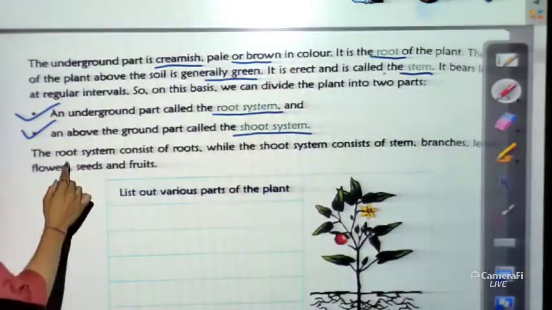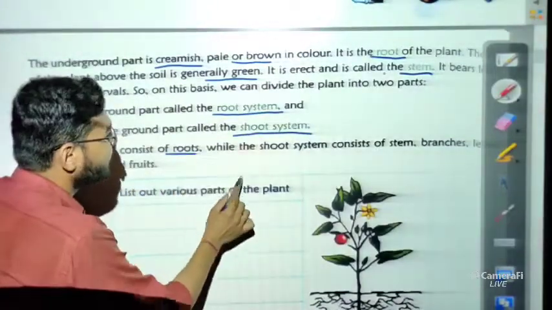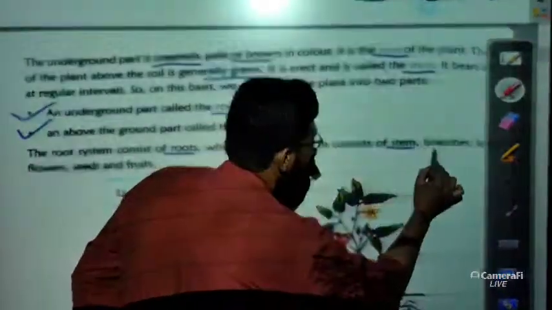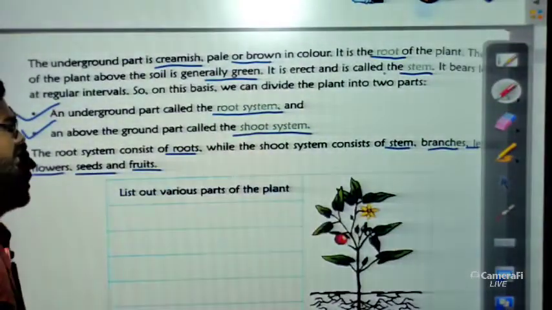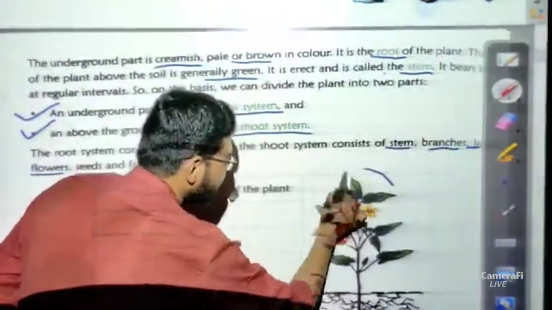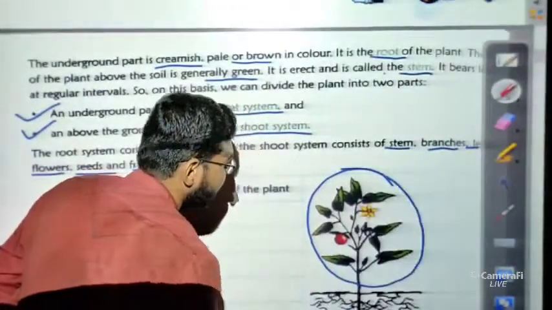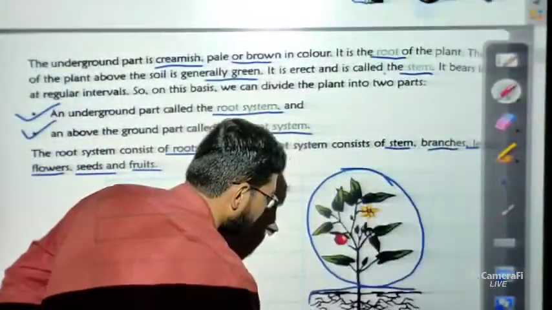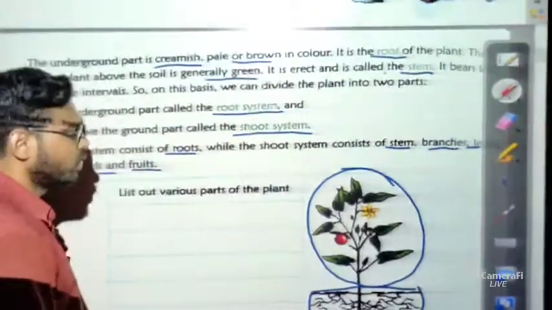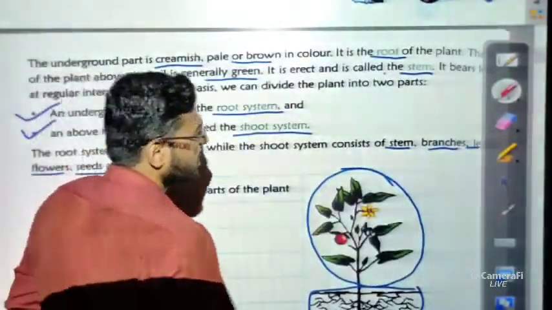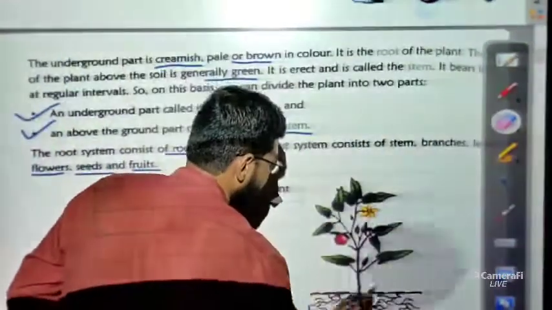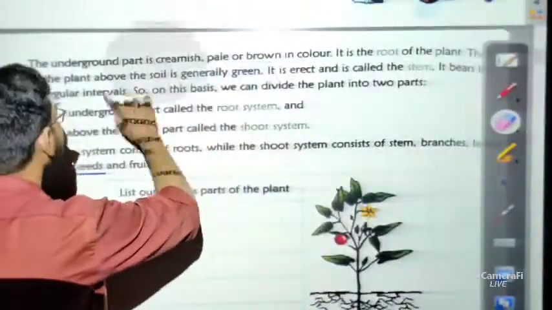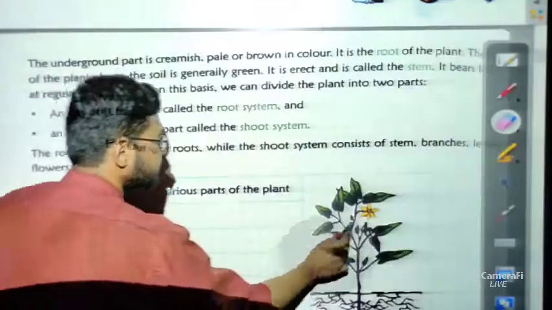The root system consists of roots, while the shoot system consists of stem, branches, leaves, flowers, seeds and fruits. Clear? Let me rub all this, then we will discuss the root system and shoot system one by one.